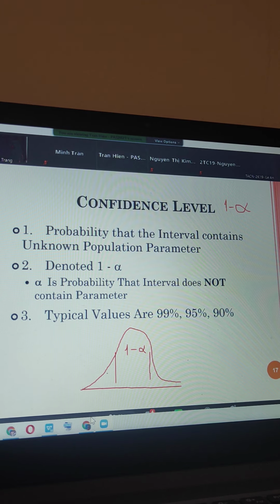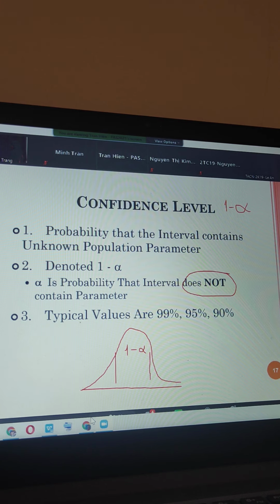So it means that for the left part and the right part, the sum of the two regions on both sides, right-hand side and left-hand side, will be the probability that the interval does not contain the parameter.